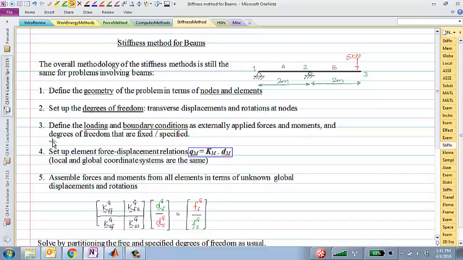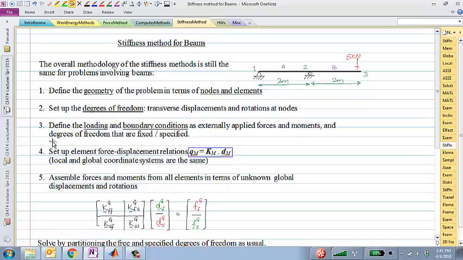And as I mentioned, the idea here is that if I have a long beam made out of beam elements such as this, if this is one beam element, I want to be able to describe the forces and moments needed to have a displacement of delta.